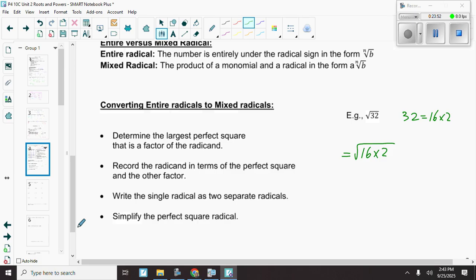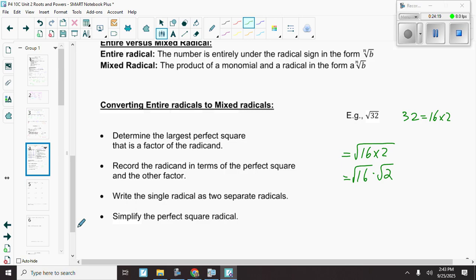This is the same as the square root of 16 times the square root of 2. I can pull apart a radical and put it back together again if I'm multiplying everything underneath it. They're both still under a radical sign, and both still being multiplied.